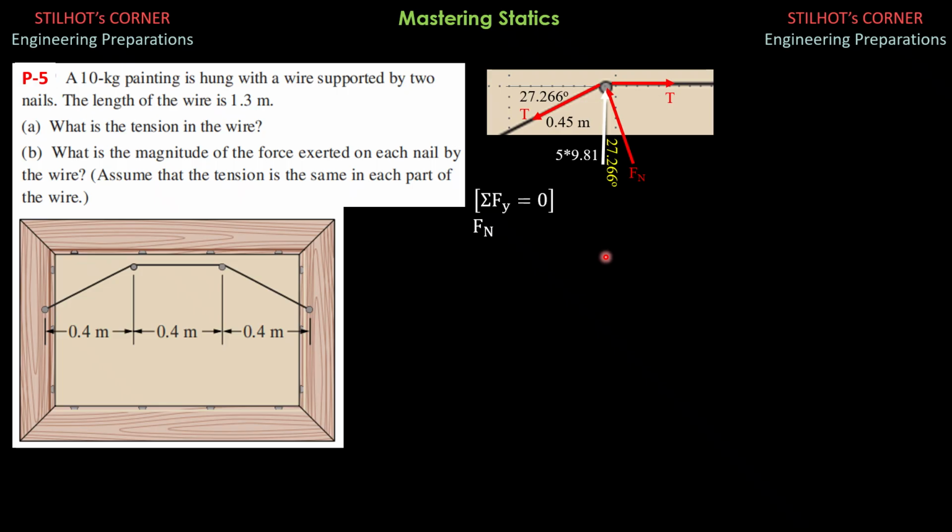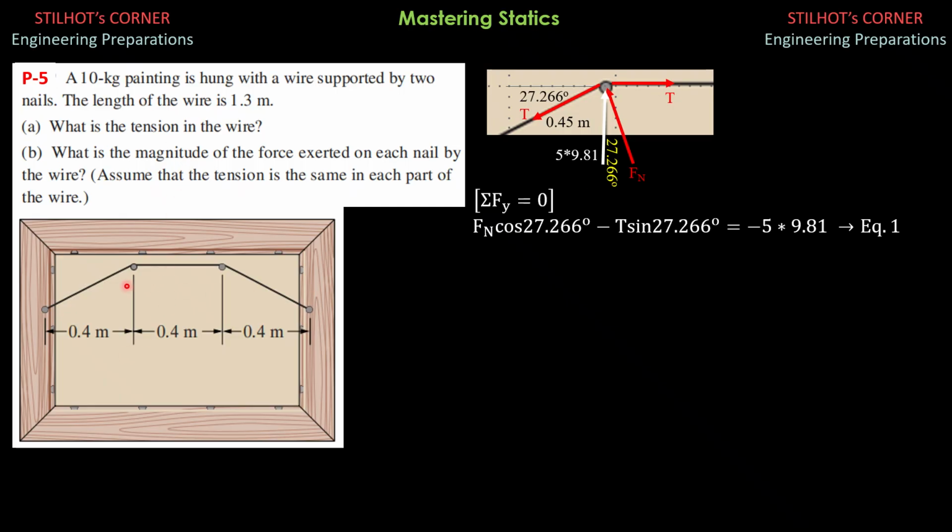Again, we have Fn cosine 27.266 degrees minus T sine 27.266 degrees equals negative 5 times 9.81. Supposedly, the reaction here is upward. In other words, the weight of the mass of the painting is 10 kilograms.